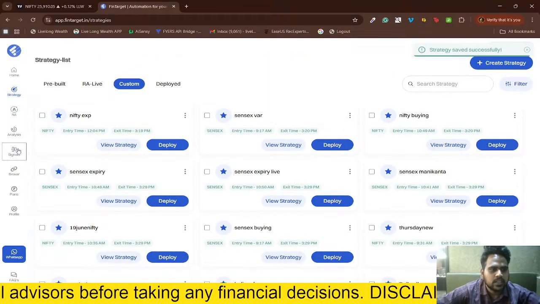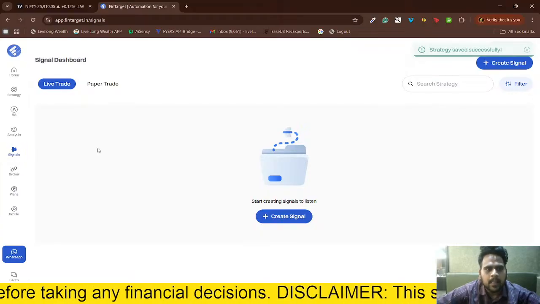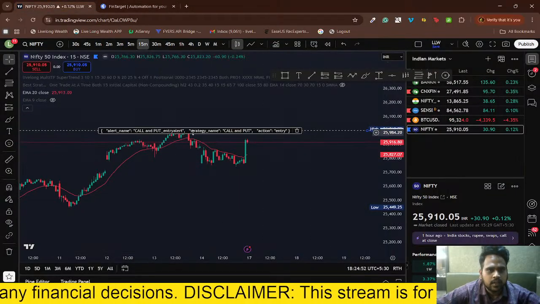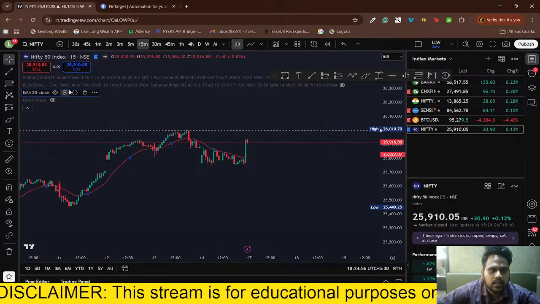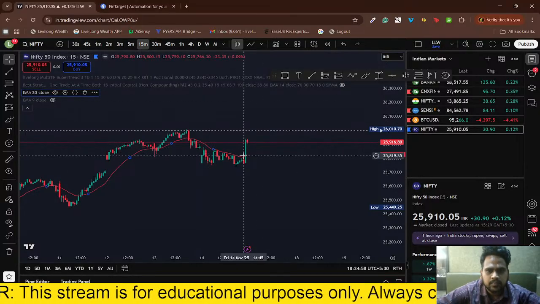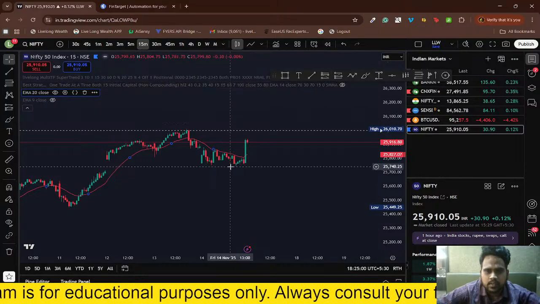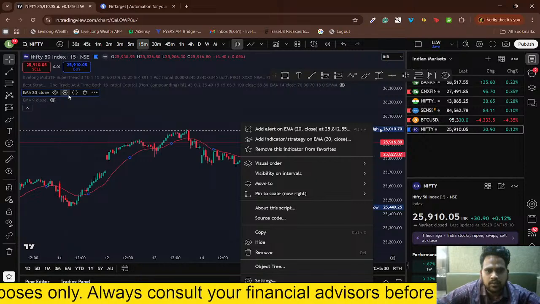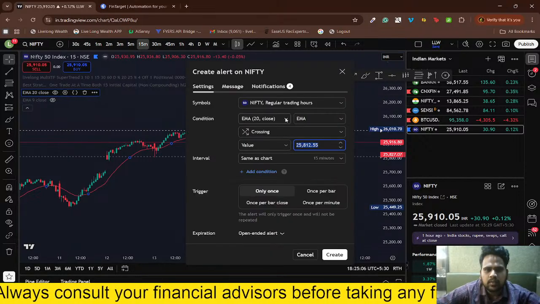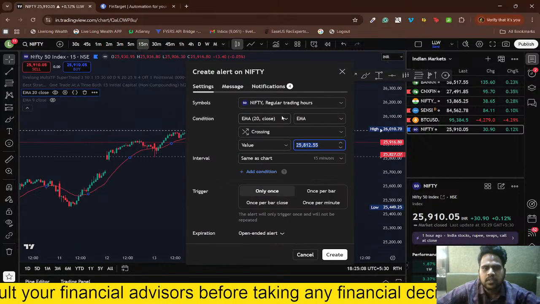When I'm saving the strategy, now I will go for the signal. I need to open the indicator and create a signal over here. This is how it will look.